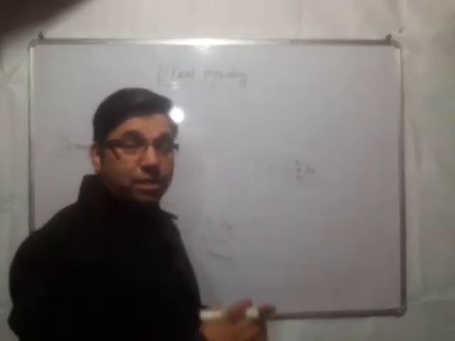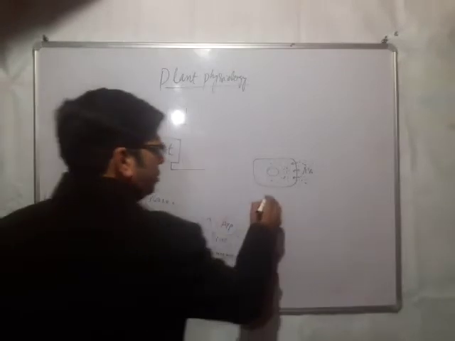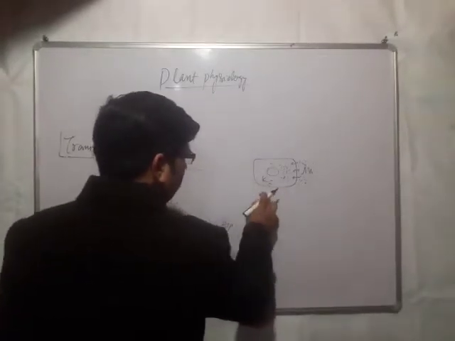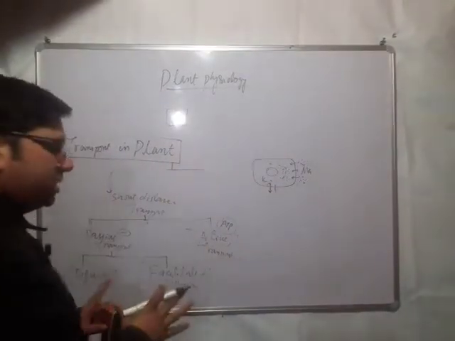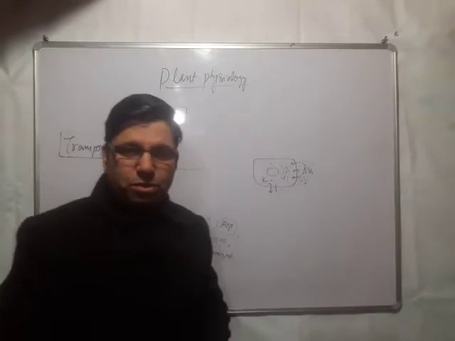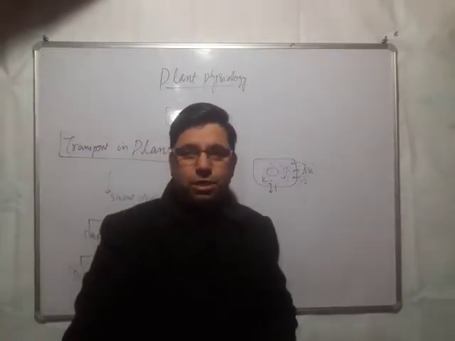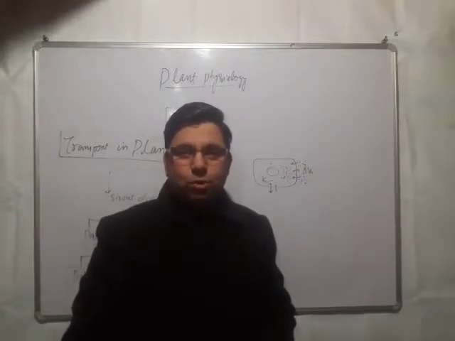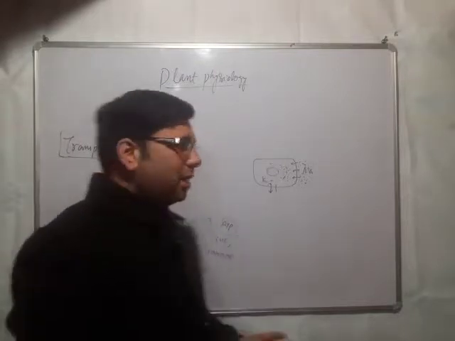Till that point the movement will continue. Suppose there is potassium inside the cell and outside the cell there is zero, the potassium starts moving outside. So basically diffusion is the simplest form of transport, where there is transport of a mineral or material from higher concentration to lower concentration. And this is very important for plants because most of the cell functions depend on this diffusion.